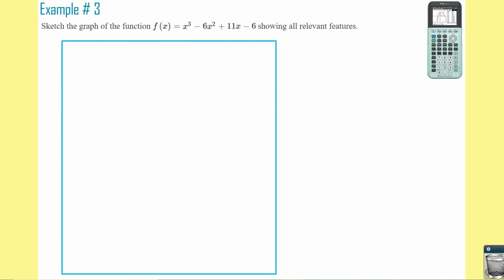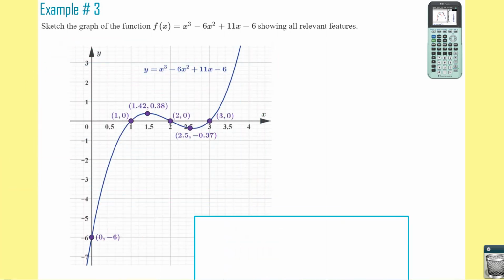All right, so then this one, go ahead and pause the video, try this. So lots of things here. You have a y-intercept over here, and that's easy to plug in because remember your x's are just 0. And then you have your x-intercepts, so 3 of them.